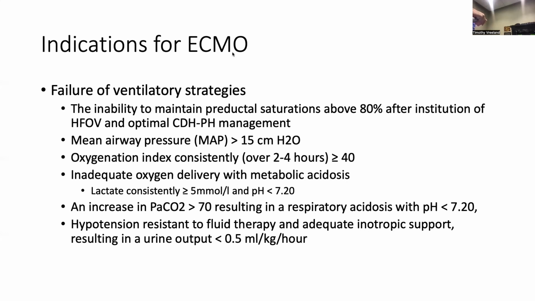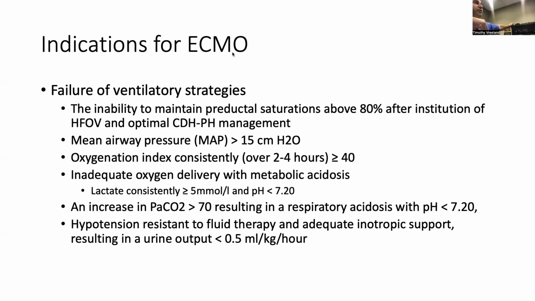Essentially it's failure of ventilation, but circulation failure as well, like not being able to keep up your blood pressure, is another indication. So if we can't keep preductal sats above 80% using those max settings that we talked about, and after trying the oscillator and optimal CDH pulmonary hypertension management, maybe you can try some milrinone, but otherwise, like I said, oxygen is really your only strategy, and just trying to keep the baby understimulated.